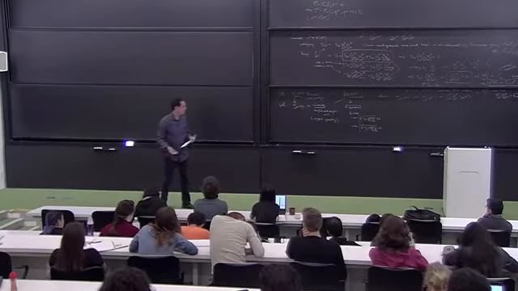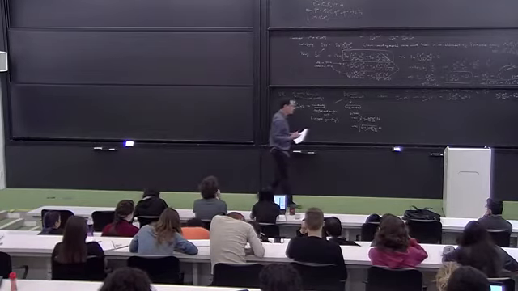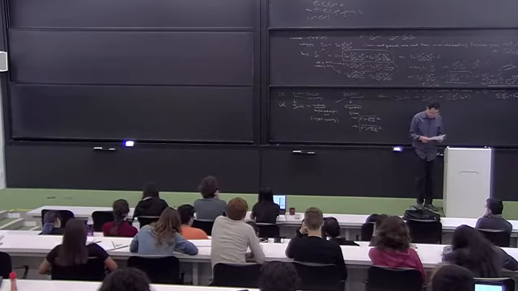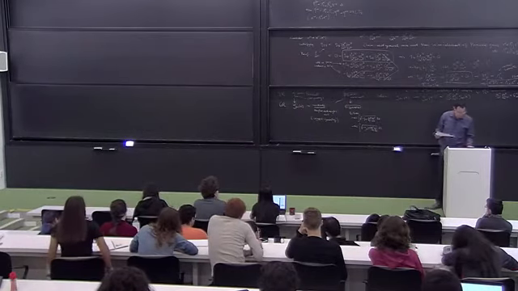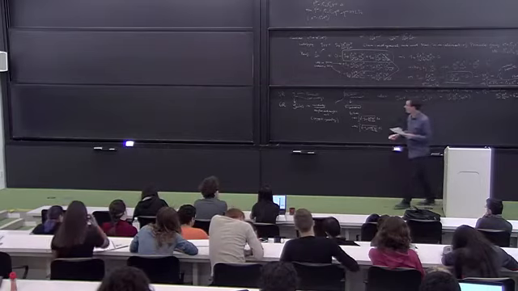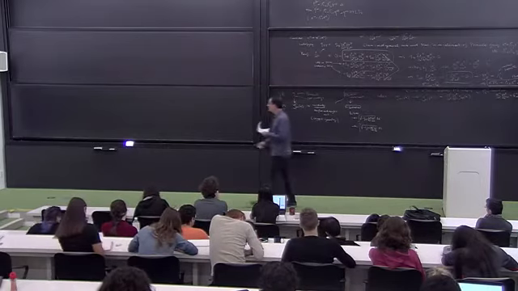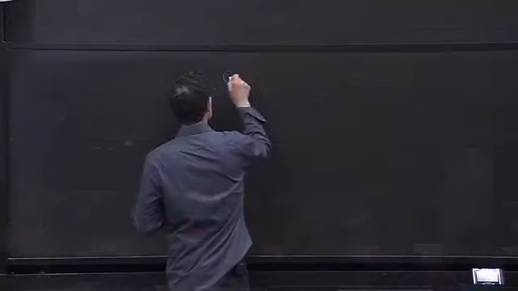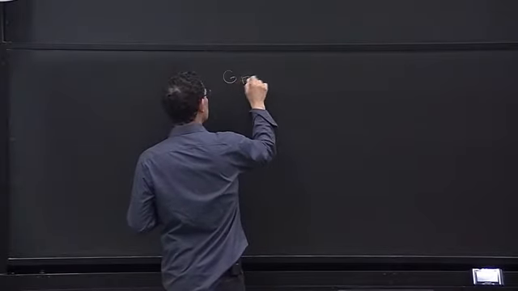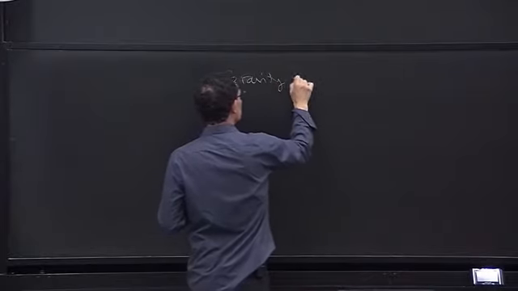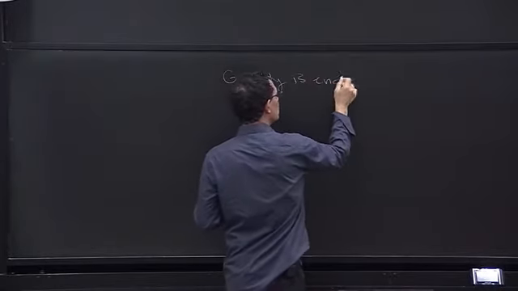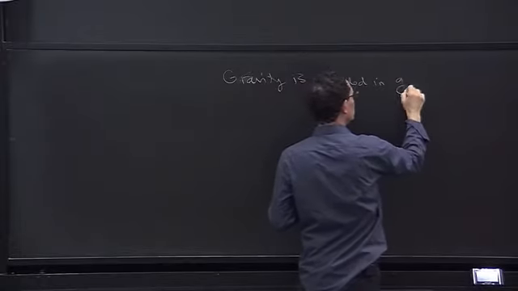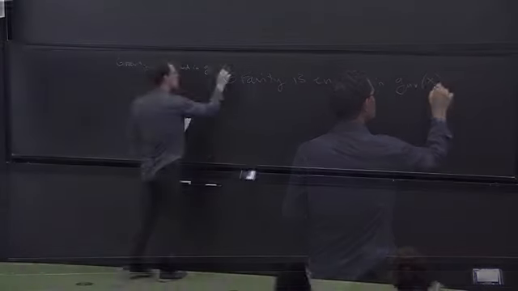And his insight is that that will determine gravity. Now, let me tell you a little bit about gravity. So gravity is going to be encoded in g mu nu of x.